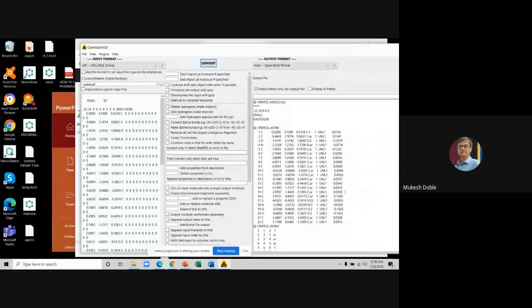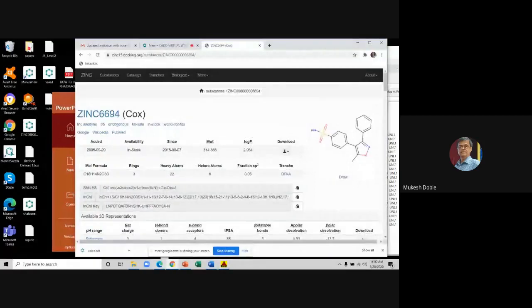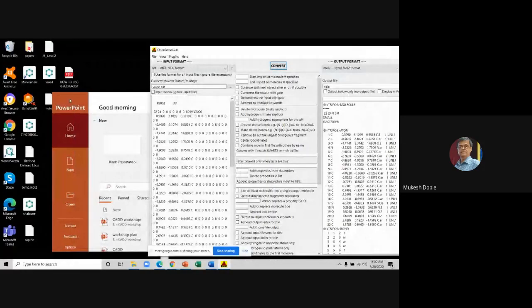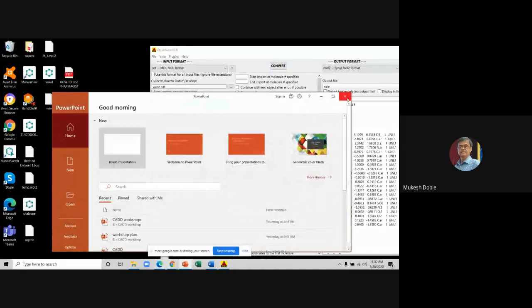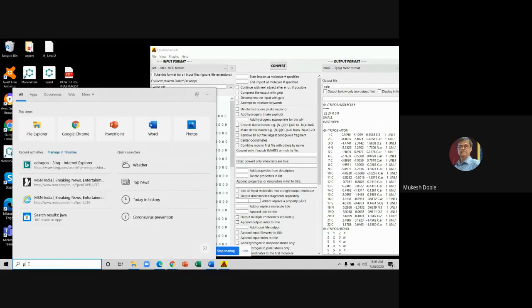So I can store it in MOL2 format. So it is stored here. MOL2 format can be viewed with something called PyMol. PyMol is another software which is free.